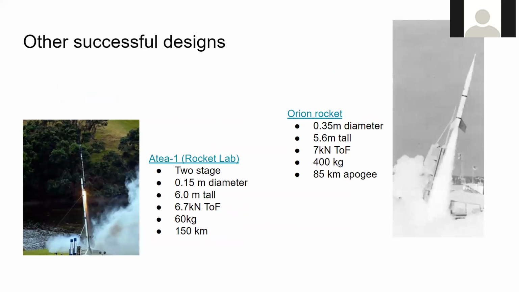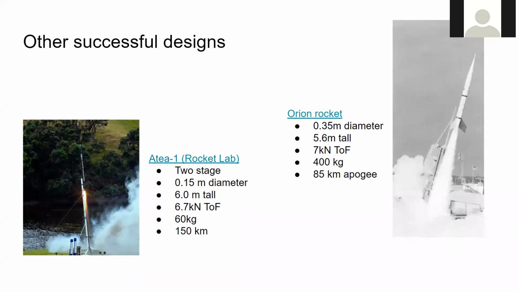So the only two rockets that I have found that are in a similar category to us are the Atea 1, which was the first rocket that Rocket Lab launched. If you know of Rocket Lab, they are a New Zealand company that launches the Electron, which is the most prolific small satellite launcher currently operating.